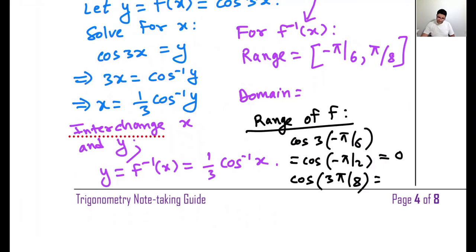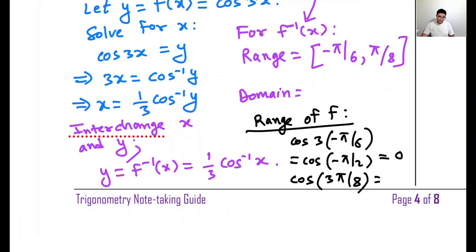3 pi over 8. Pi over 8. Pi is 180. Pi over 2 is 90. Pi over 4 is 45. And this is half of that, 22.5.